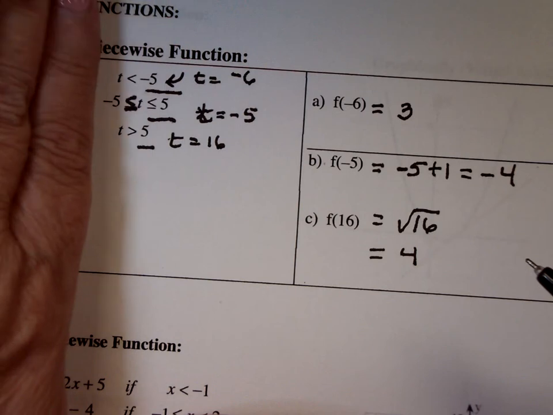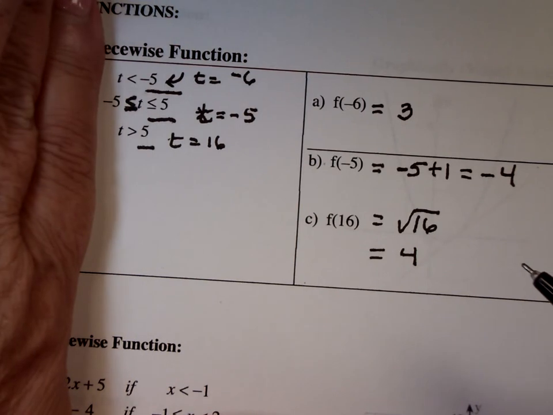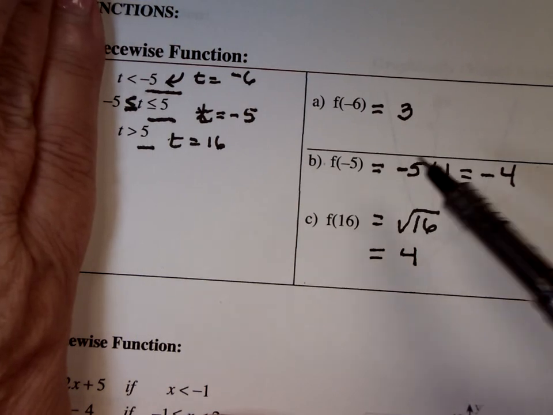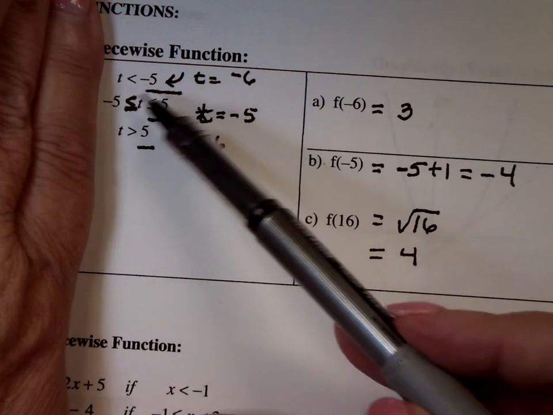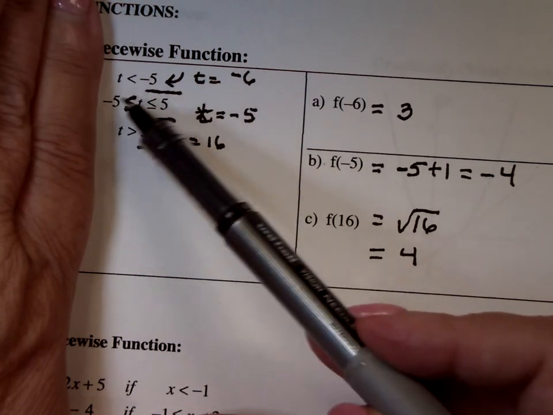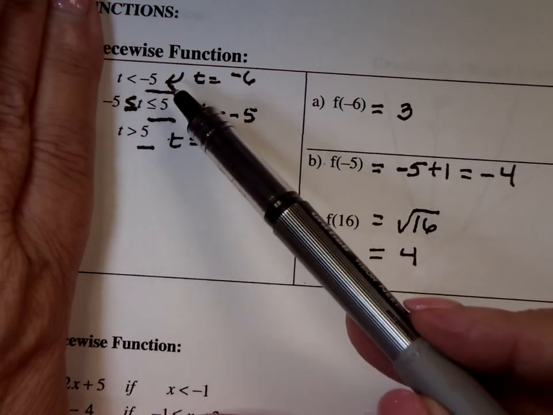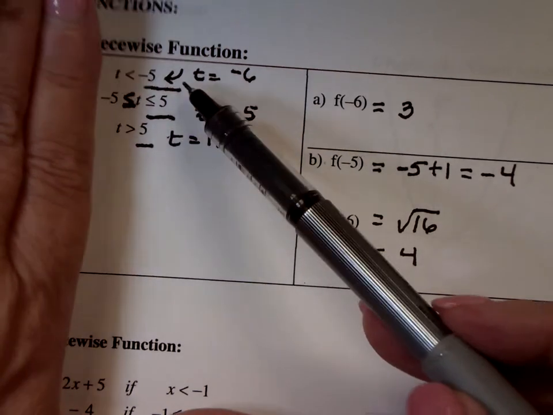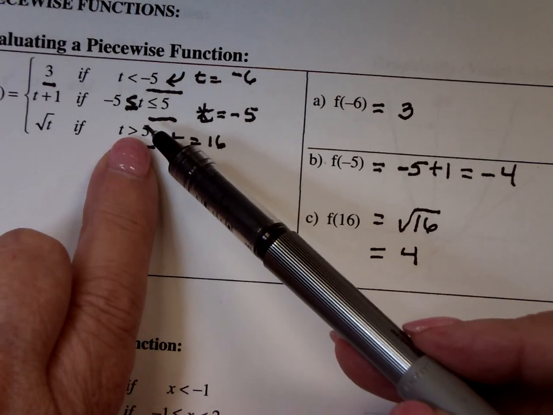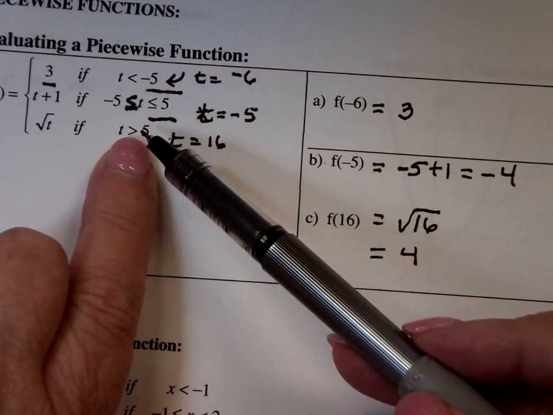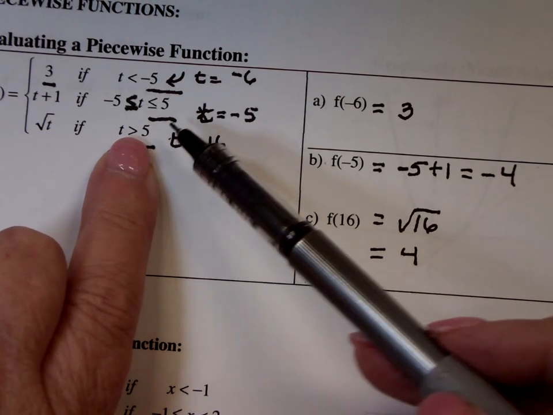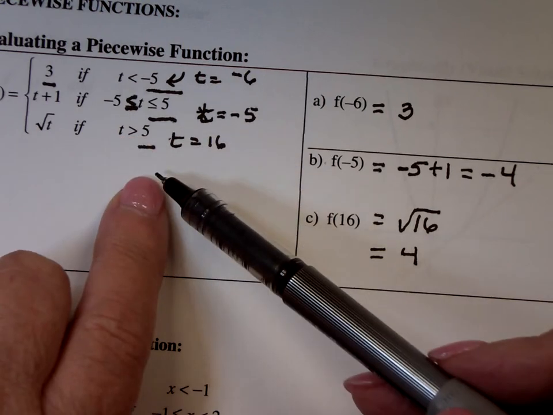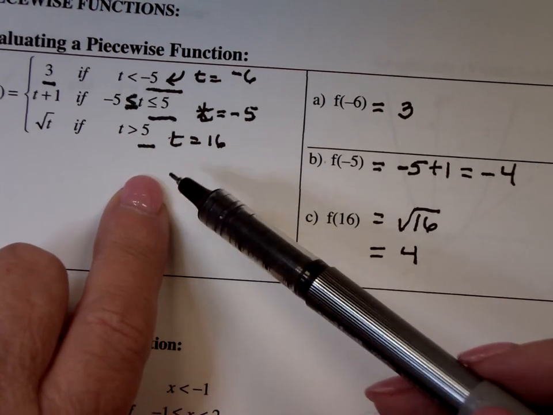So this describes the domain of that function. If I were See's Candy, maybe this piece would be January to Easter, and this piece might be Easter, and maybe for Mother's Day you might buy candy too, to May, and this one would be May to October.